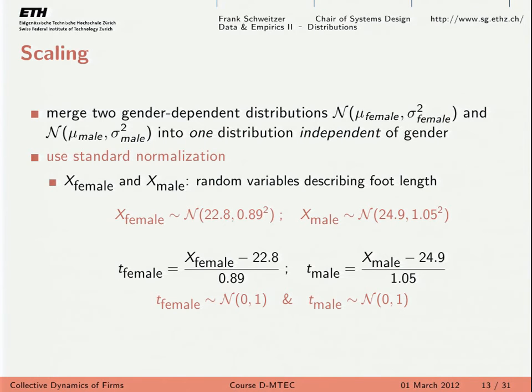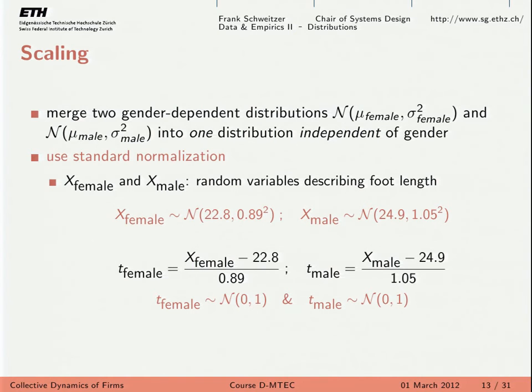In the case of the normal distribution, it's very easy because we already discussed how to normalize or how to scale a normal distribution. That was 2 slides before, which is the standard normalization. So, remember that from the values of x, I have to subtract the mean, and I have to divide by the standard deviation. You know?